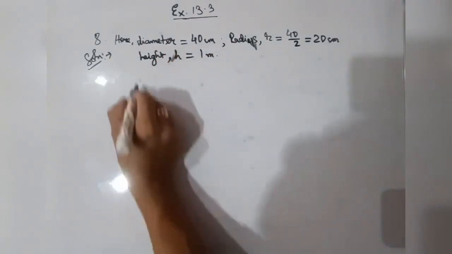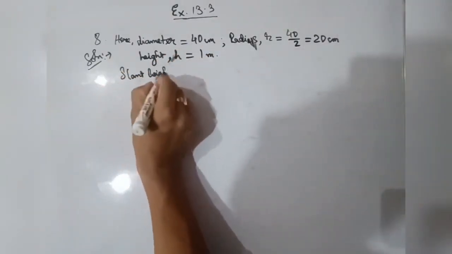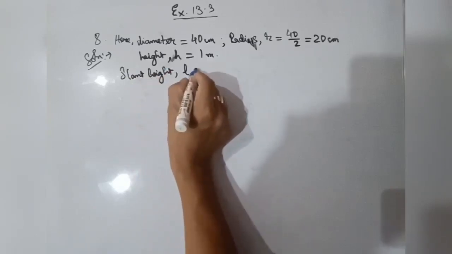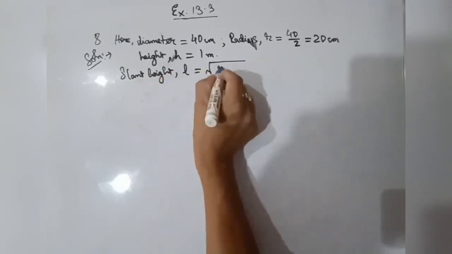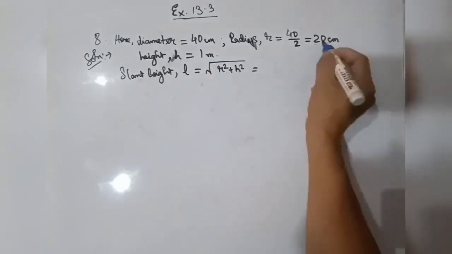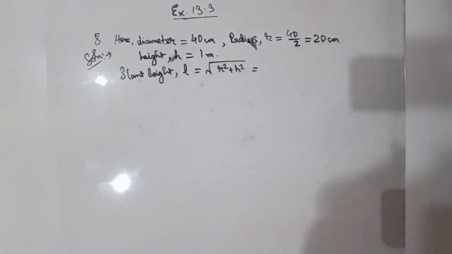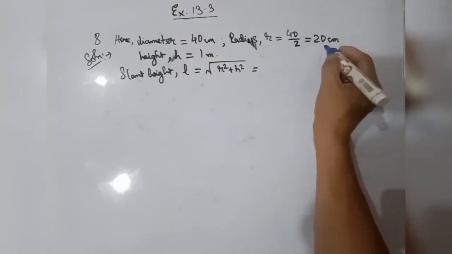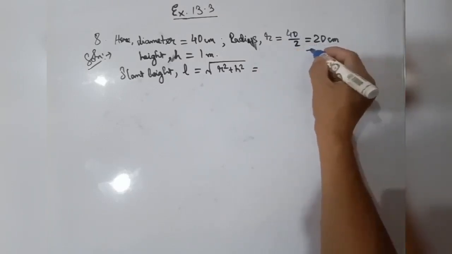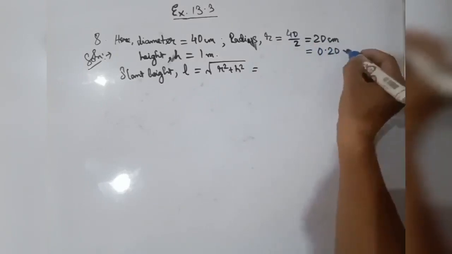Now let us find slant height. Slant height, represented by letter L, is equal to under root R square plus H square. R is 20 centimeter and H is 1 meter, so they are of different units, so we'll convert them into the same unit. So let us convert the radius into meter. So 20 centimeter will be equal to 0.20 meter.